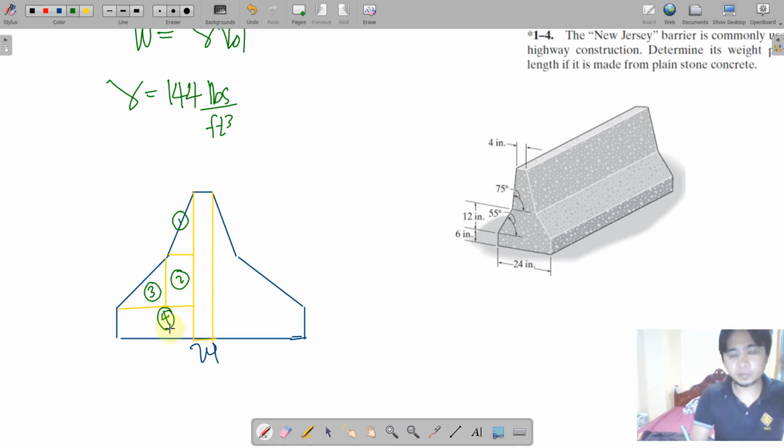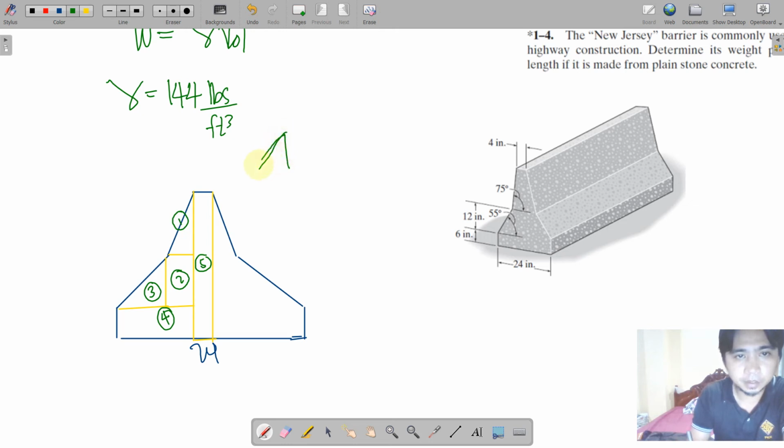So 1, 2, 3, 4 is multiplied by 2 by symmetry on the right side, and then we are going to add the fifth area, because area 5 is the middle, or a single rectangle here. So what is the dimension of 1 now?